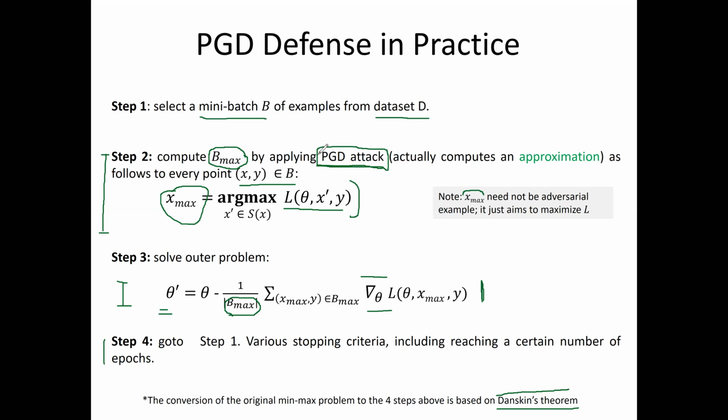Because this is done in an iterative manner during training, and this PGD attack may be invoked many times on all the points that we're interested in, it has to be fast. So if your projections are very slow, it may not be feasible to apply these adversarial defenses like PGD defenses in practice. This is also why fast projections are important, because we are using these projections during attacks, and consequently during training, very frequently.